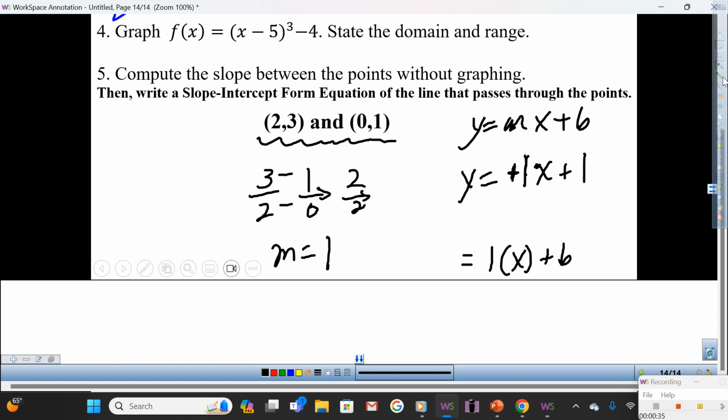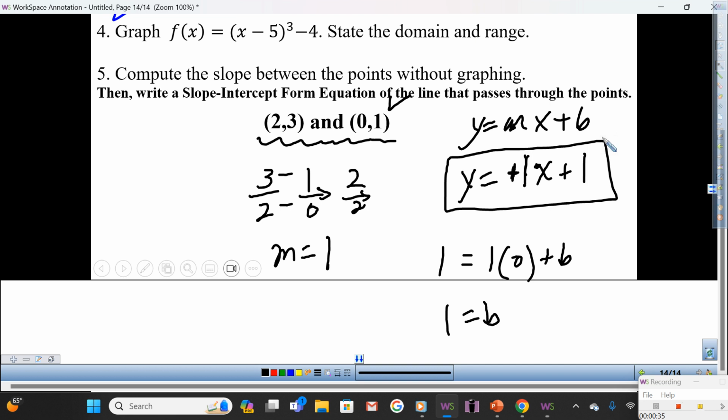Oh, but let me substitute for x and y. So I'm going to use this one. X is 0. Y is 1. So this is 1 equals b. So therefore, that is correct. Just the minus on that slope was a positive. Thank you, Bailey. All right, copy the agenda, please.